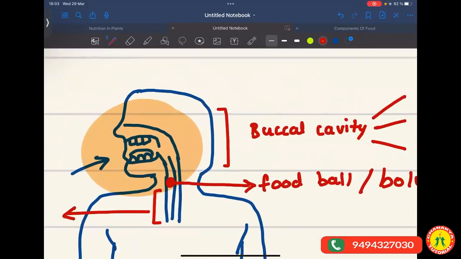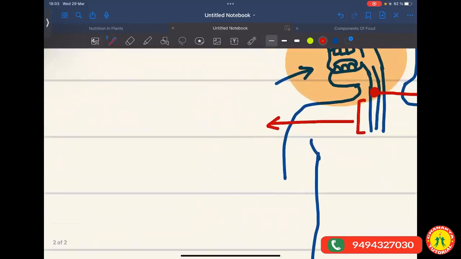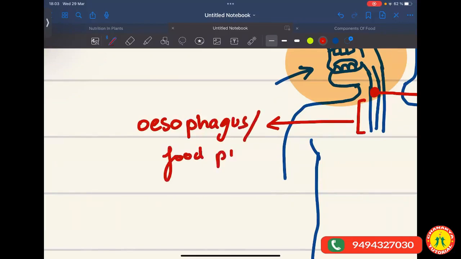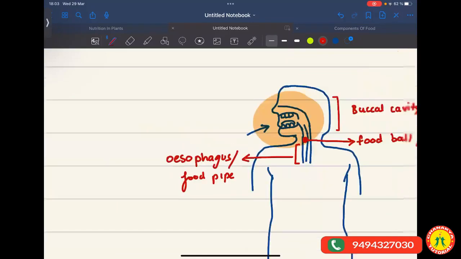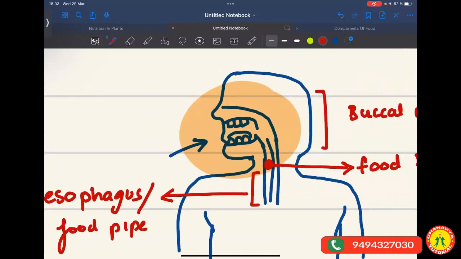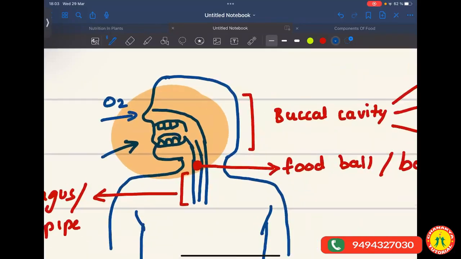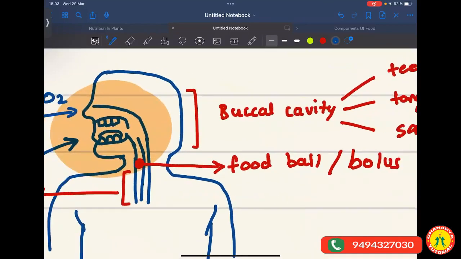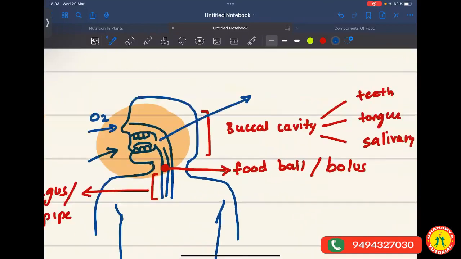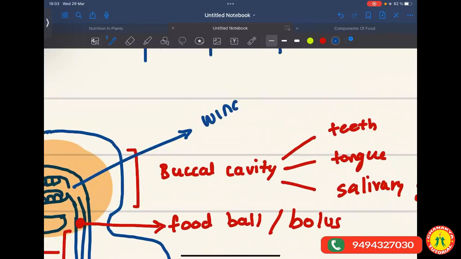Ma'am, esophagus. Esophagus, very good. It's called the esophagus or the food pipe. And the region where the oxygen gets inside the body, inside your nose, this region is known as the windpipe or trachea.